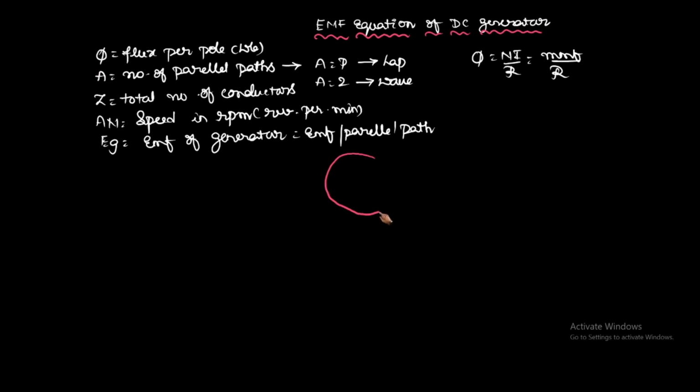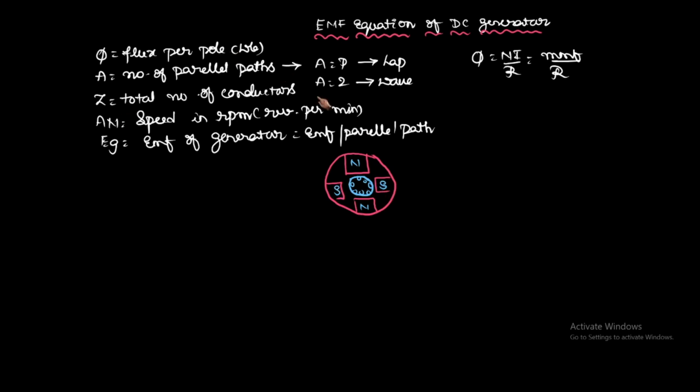Let us consider this is the armature, with poles like this. Let us consider a 4 pole generator. In the middle is the armature, placed here, having conductors like this, and it is rotating. This is a north pole and this is also a north pole, then south pole and south pole.